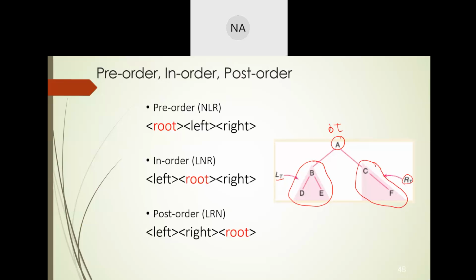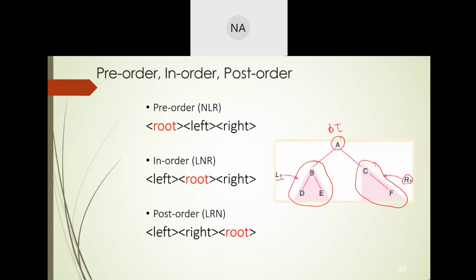In pre, in, and post order, the root node, the left subtree, and the right subtree are traversed. These three steps belong to each traversal algorithm. That is, you will be visiting the root node, the left subtree, and the right subtree.